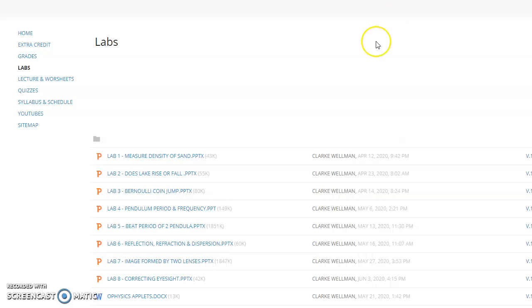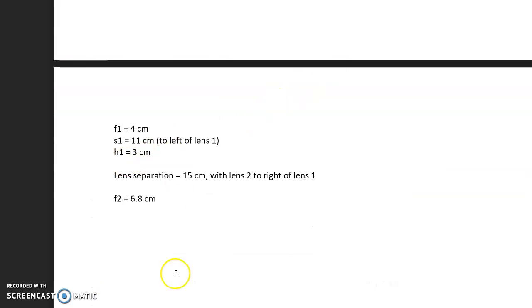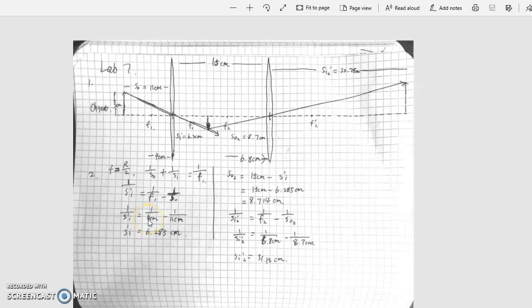It's given in the lab, and we know the object distance, so we know the distance between the object and the lens. We can find s prime for the image. It's 6.285 centimeters, so it's roughly the same. It's about 6.3.